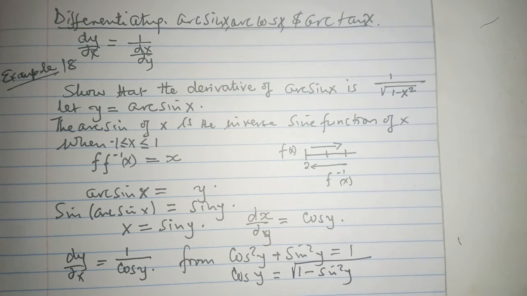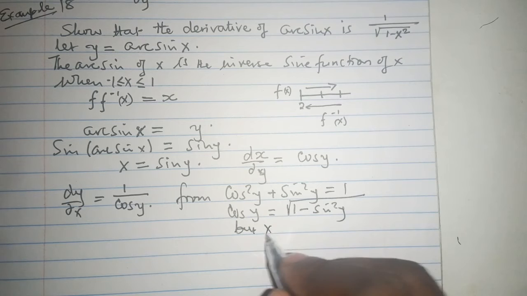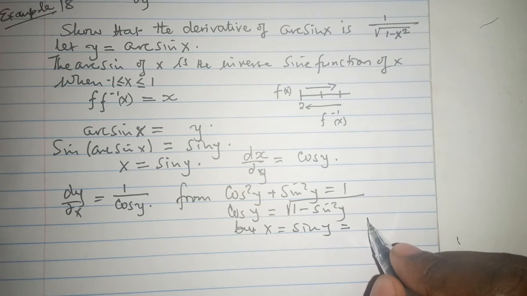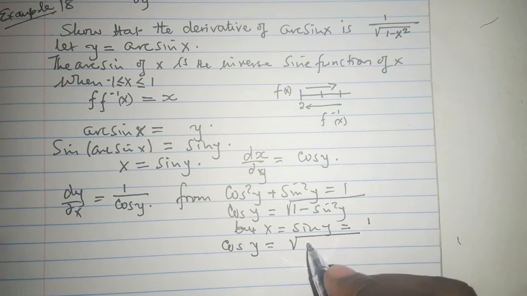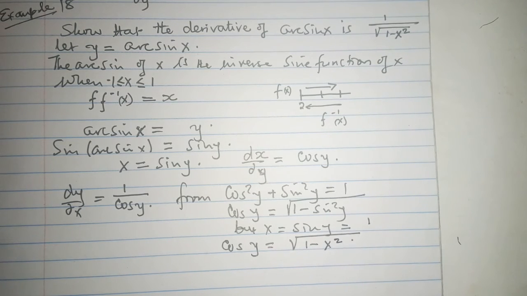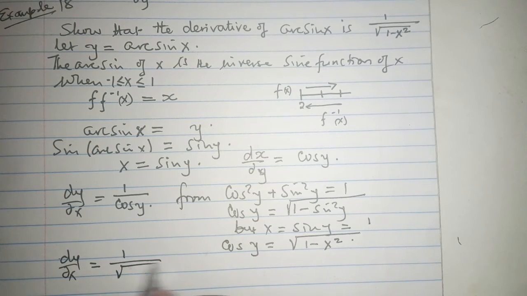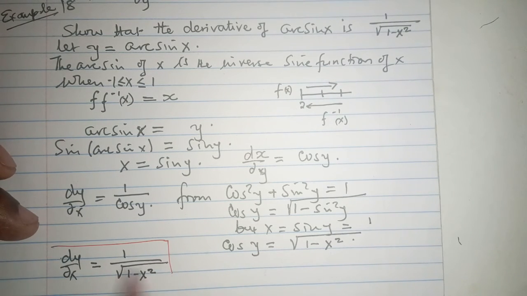But x equals sine y, so this gives us the cosine of y equals the square root of 1 minus x squared. Therefore, we can say dy/dx equals 1 over the root of 1 minus x squared. And this is just what we had to show. Hence shown.